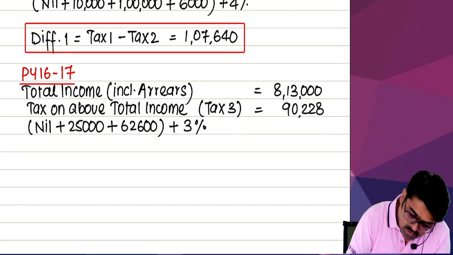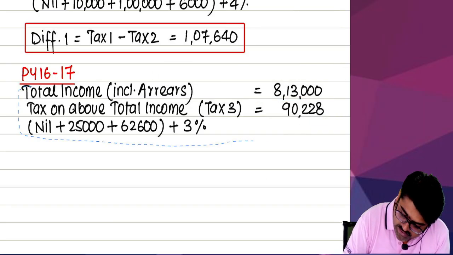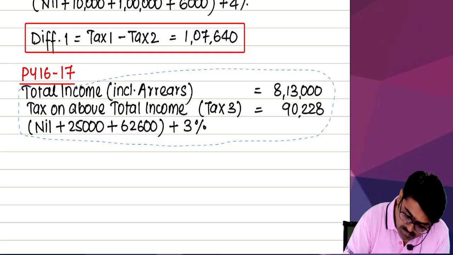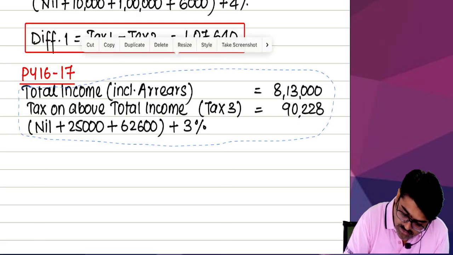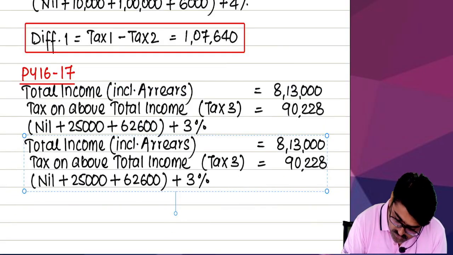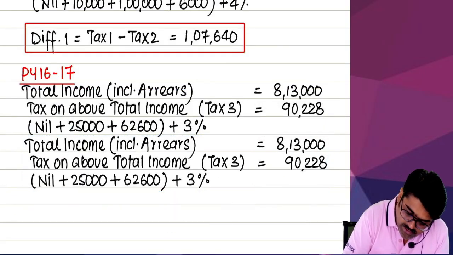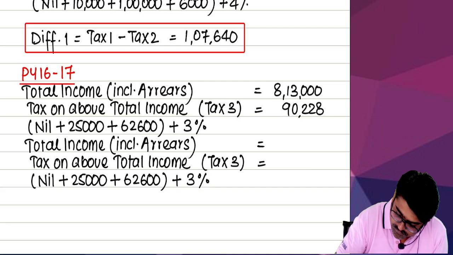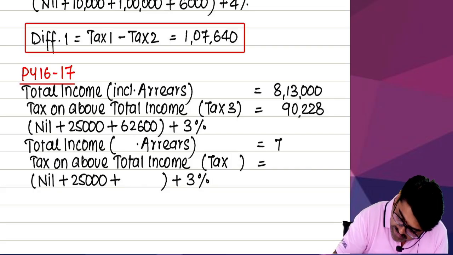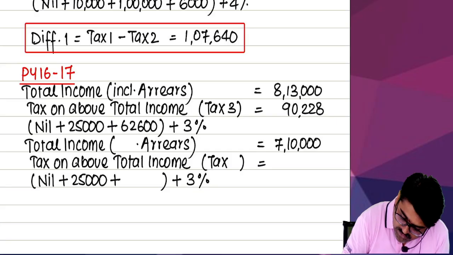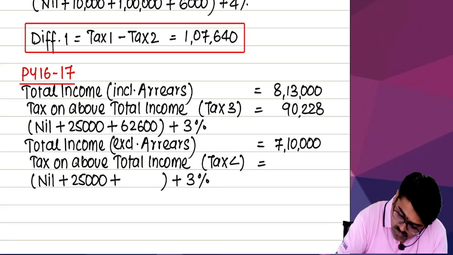Okay. Now again I will calculate the same things, but excluding arrears. So now total income excluding arrears, how much was that amount? 7,10,000. 7,10,000 is the total income of that year excluding arrears. On that, tax 4 I am calculating.